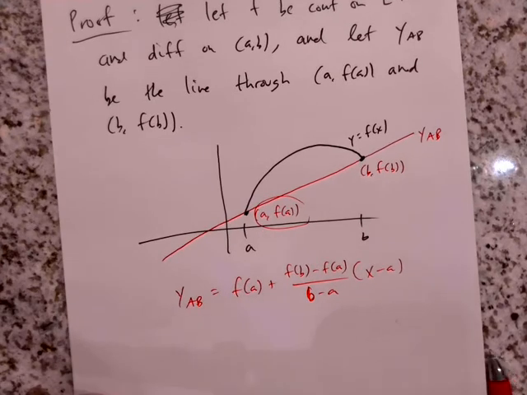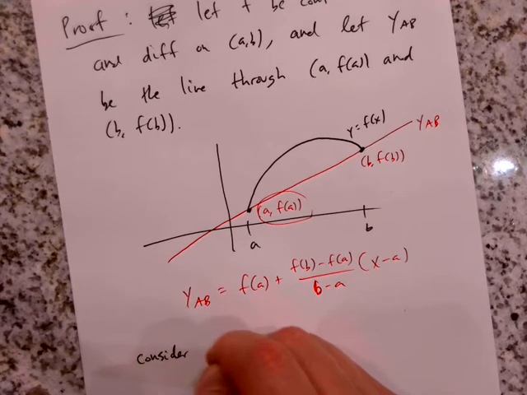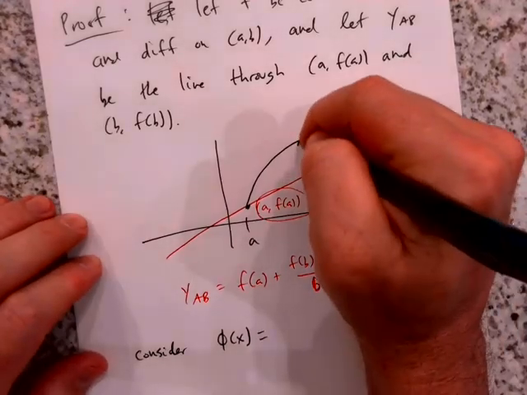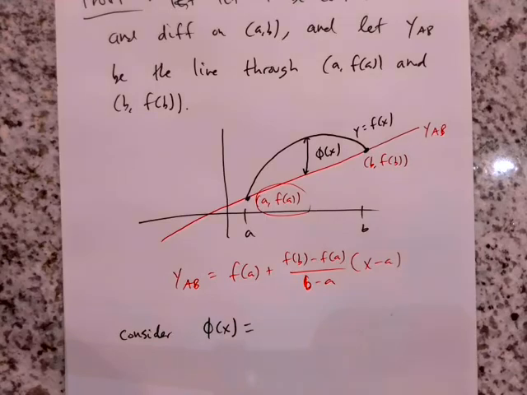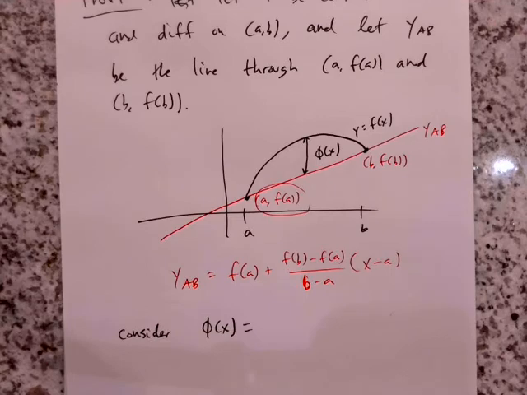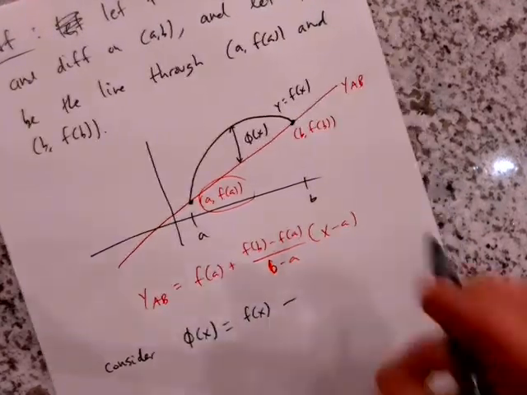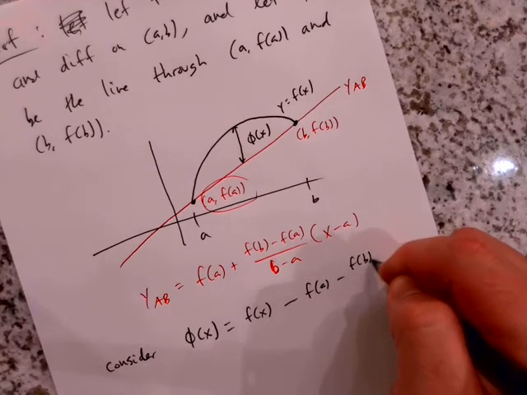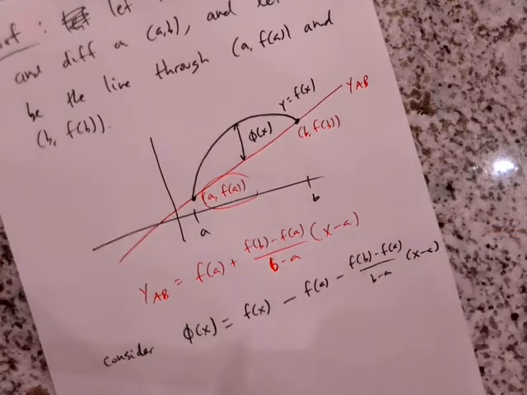Lastly, consider a new function, phi of x. Phi of x gives you the vertical distance between f of x and y sub AB. So the distance between those 2 points is phi of x. And phi of x, if I write down this equation, is f of x minus this line. So minus f of a minus f of b minus f of a over b minus a, times x minus a.